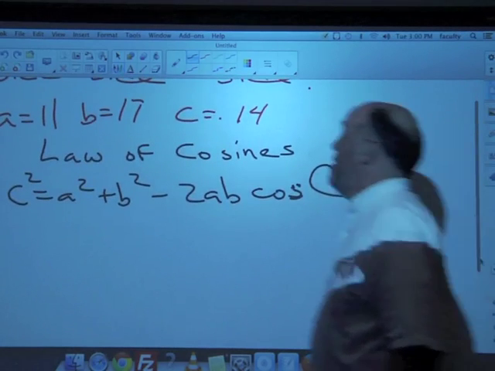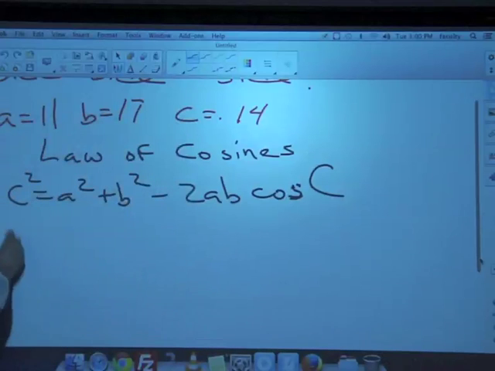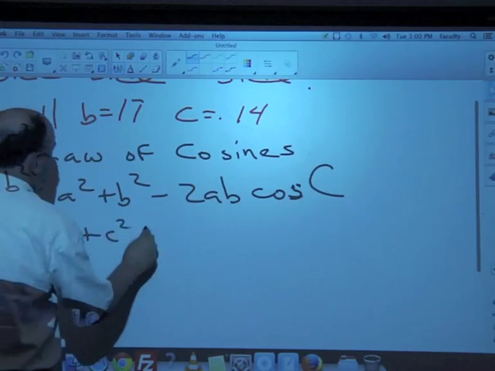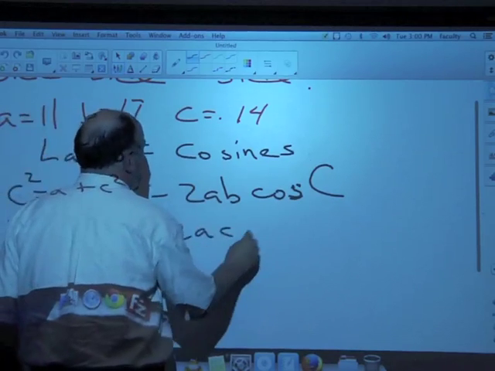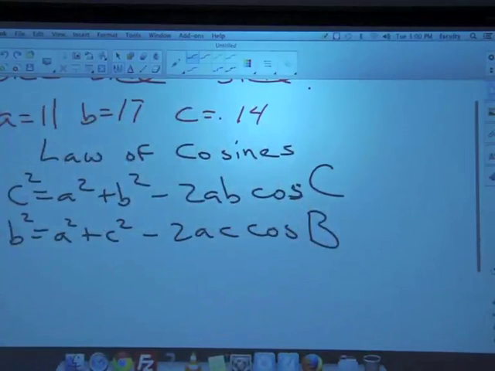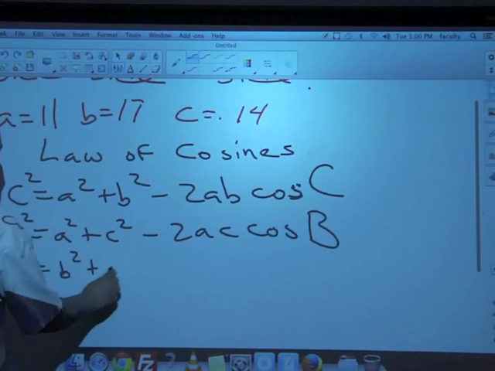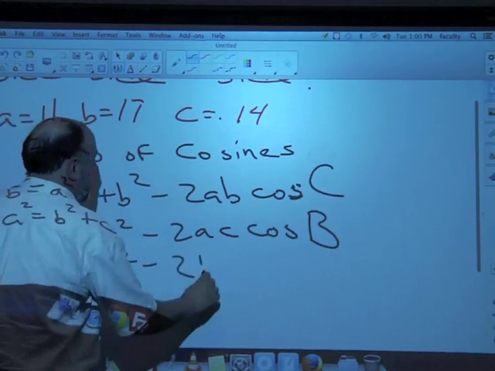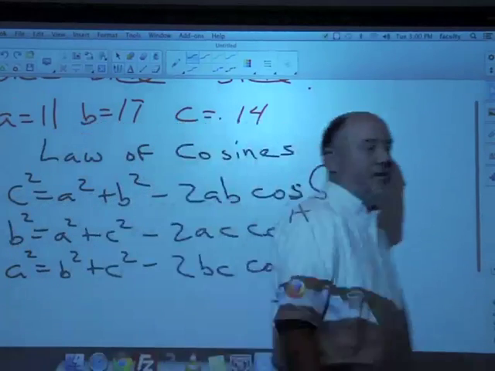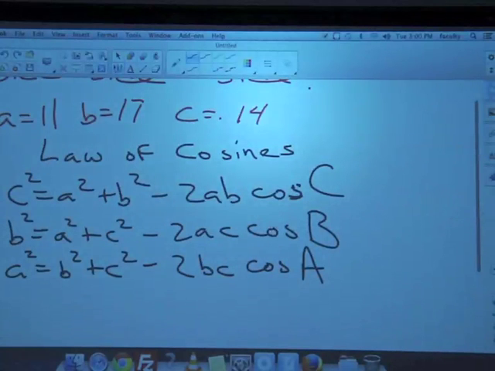The next one will be B squared equals A squared plus C squared minus 2AC cosine of B. Or A squared equals B squared plus C squared minus 2BC cosine of A. Those are all three variations of it.